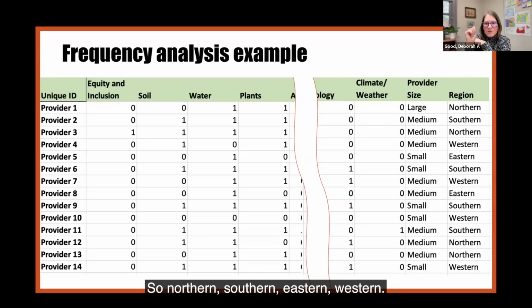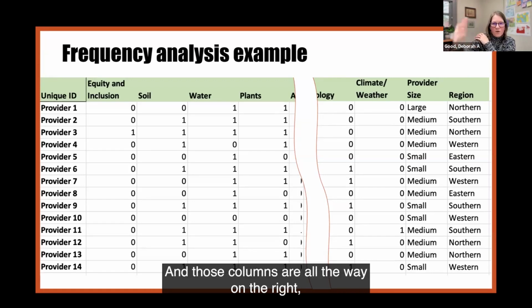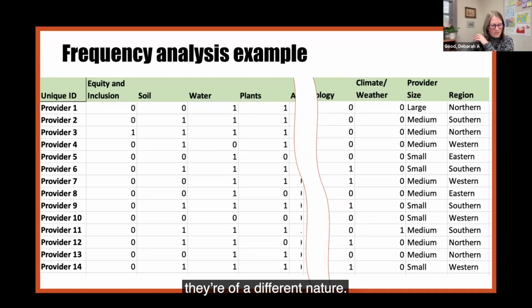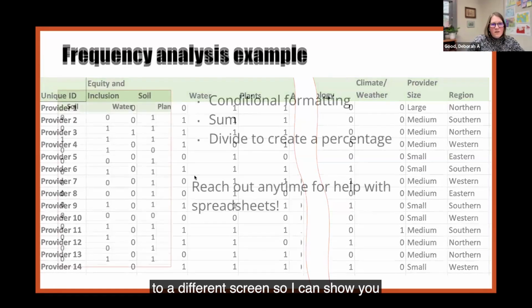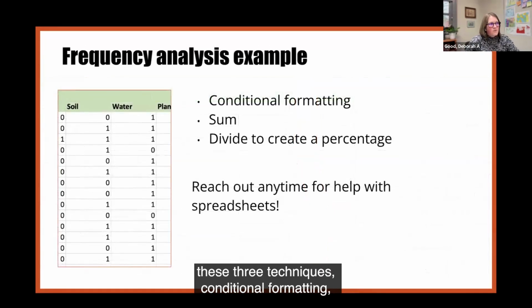So northern, southern, eastern, western. Those columns are all the way on the right. They're of a different nature. I am going to switch now to a different screen so I can show you these three techniques: conditional formatting, sum, and divide to create a percentage.